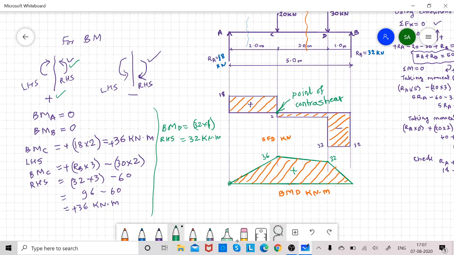What is the speciality of this point? Always at point of contra shear, we get maximum bending moment. I will repeat, always at point of contra shear, we get maximum bending moment. So this completes our shear force diagram as well as bending moment diagram. Thank you.